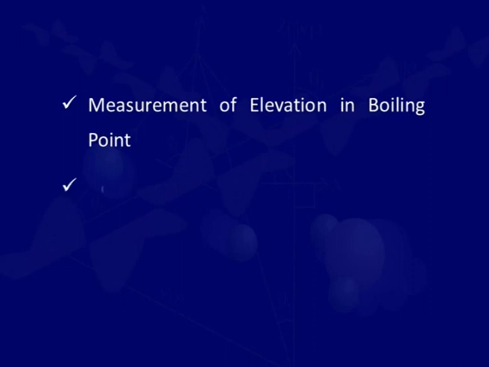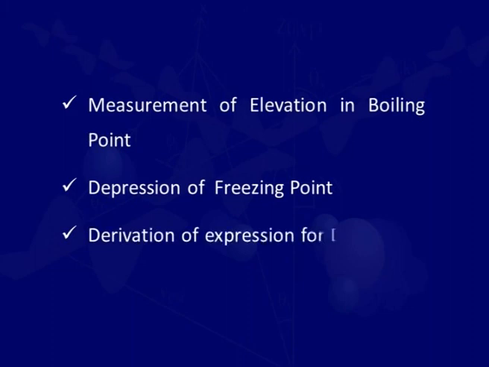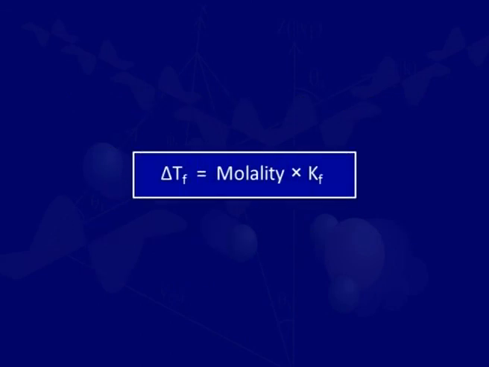Then we defined depression in freezing point and derived a relationship for it. This relationship is delta Tf is equal to Kf into molality. We will continue discussing depression in freezing point in our next lecture also.